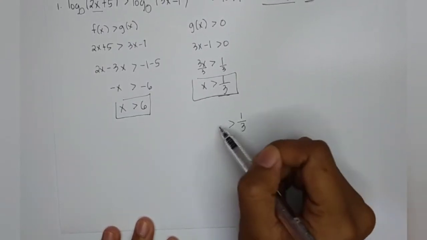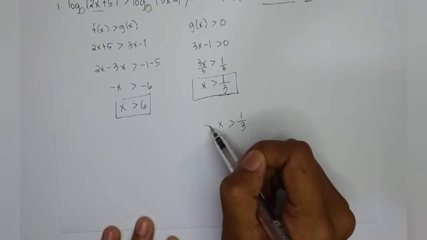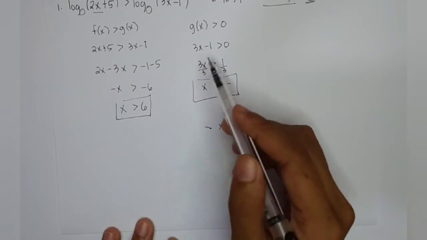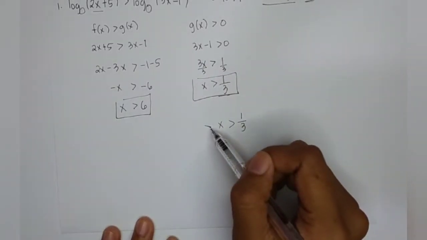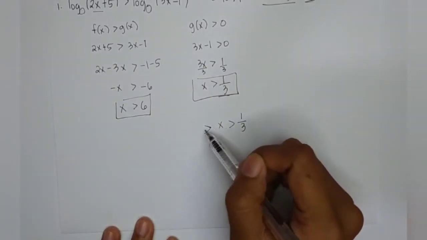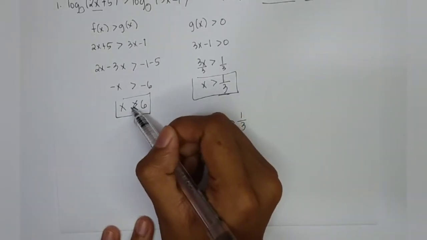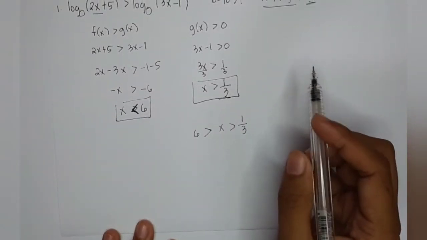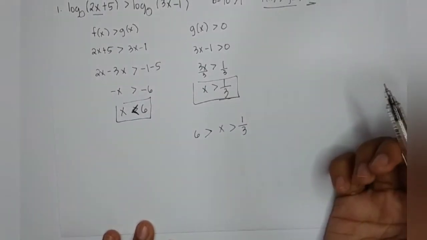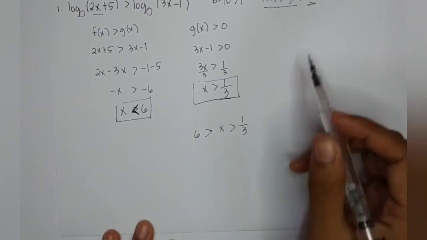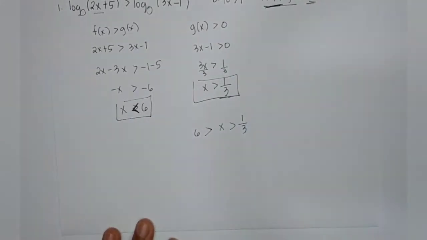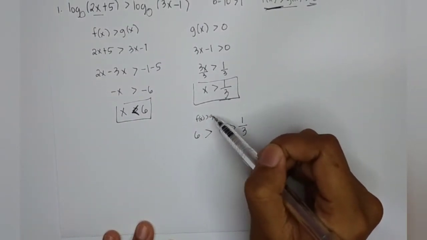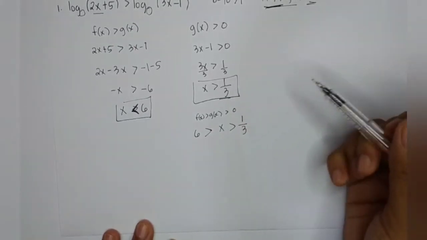Now, how do we write this? Take note, look at how it was written. This one is from f of x is greater than g of x, and this one is from g of x greater than 0.